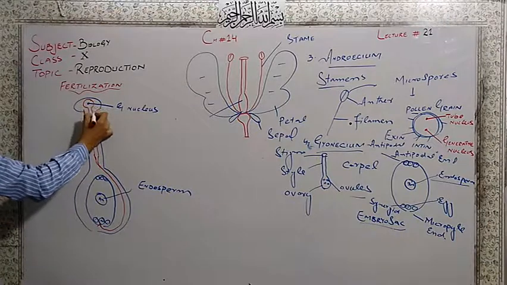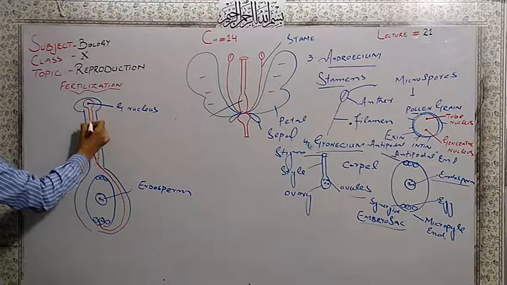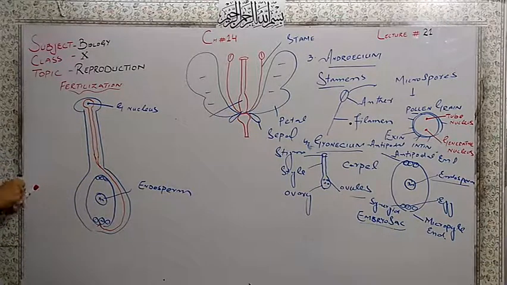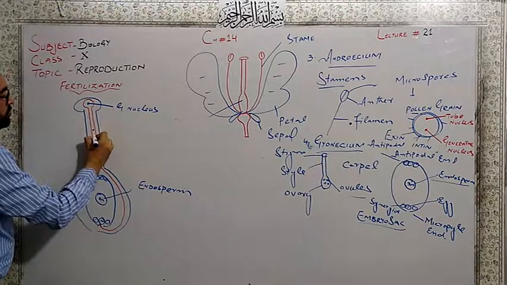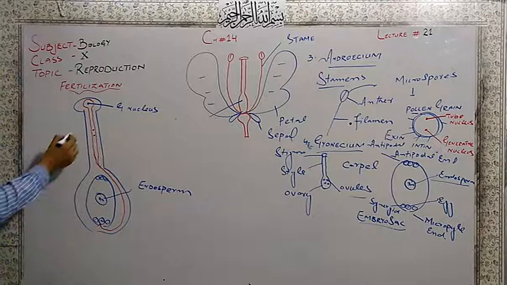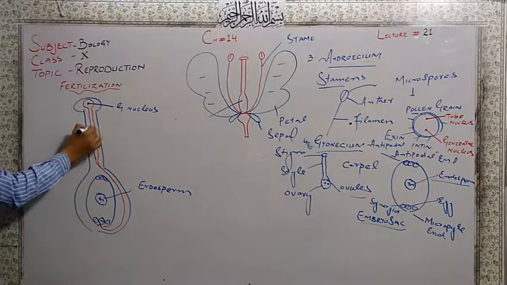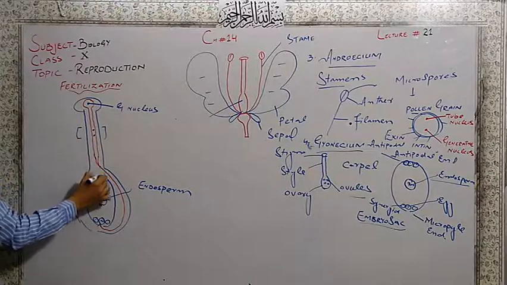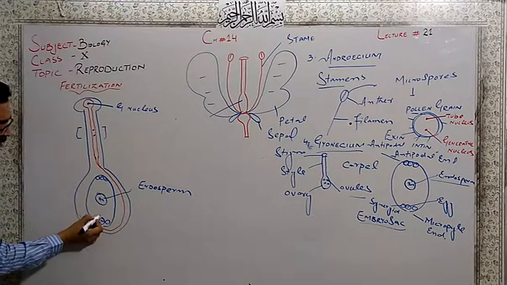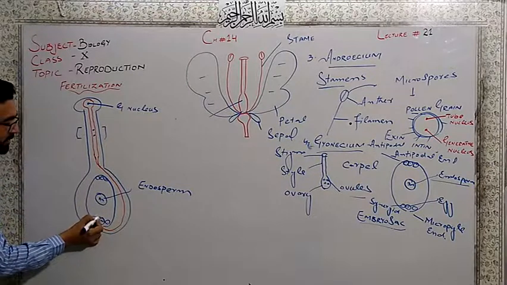When the generative nucleus starts traveling here, it divides mitotically into 2 sperm nuclei. When they enter, one will fertilize the egg.